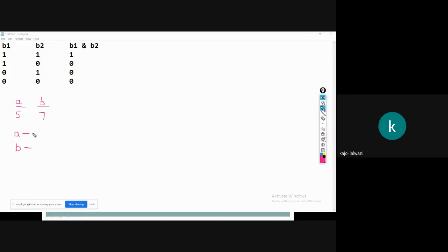It is 0 1 0 1, or 1 0 1, anything is fine, no problem. What is the binary representation of 7?